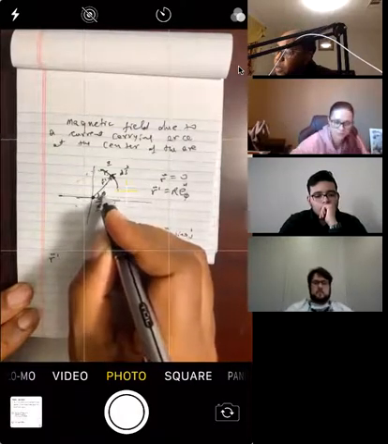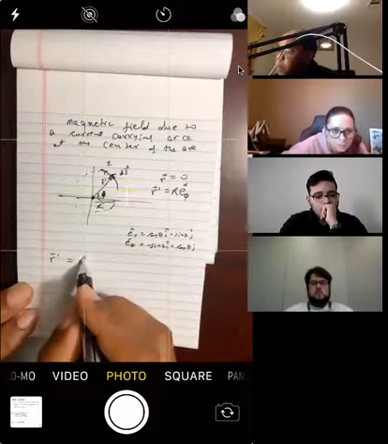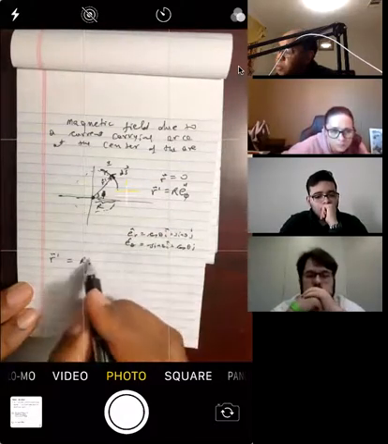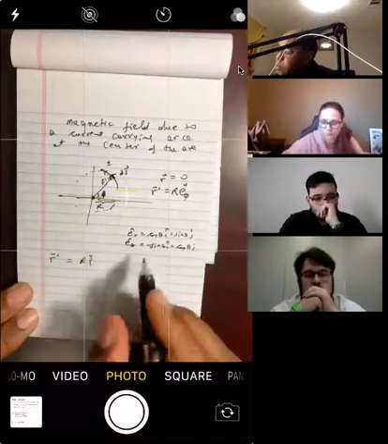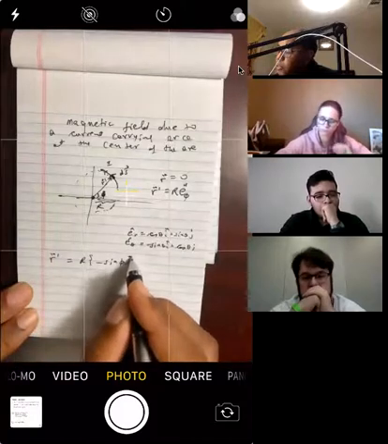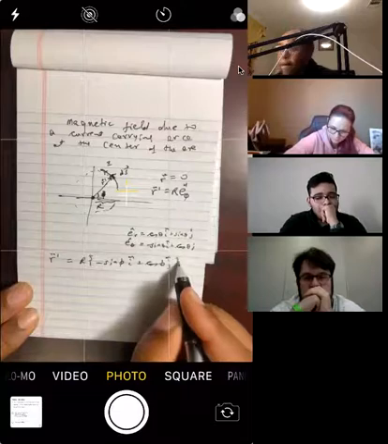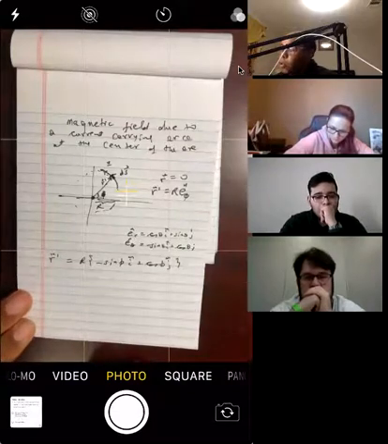If this angle over here is phi, then I can say this is r, and then this vector over here will be negative sine phi in the i direction plus cosine of phi in the j direction. Okay? No, I'm talking about ds.